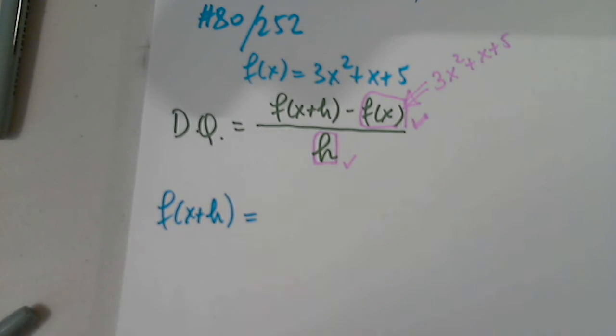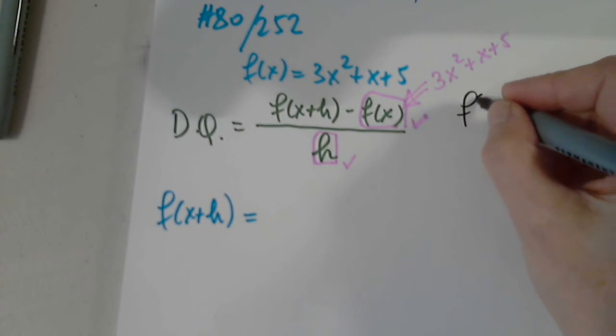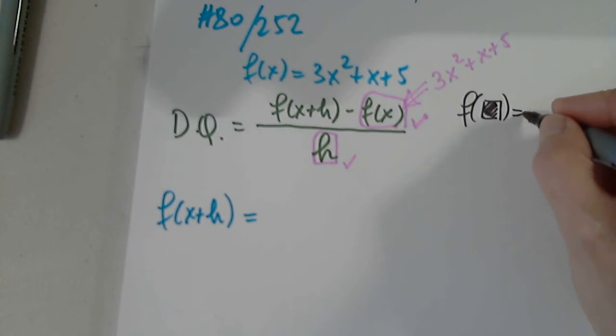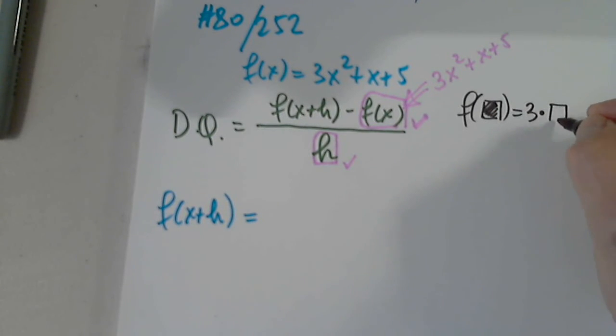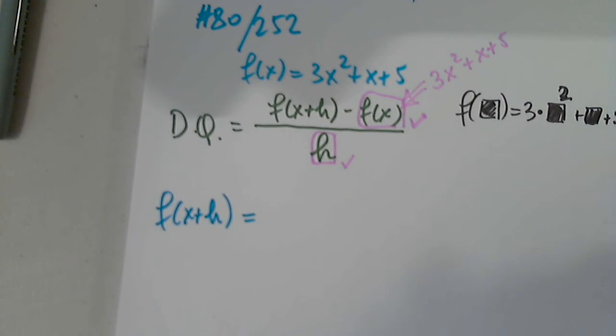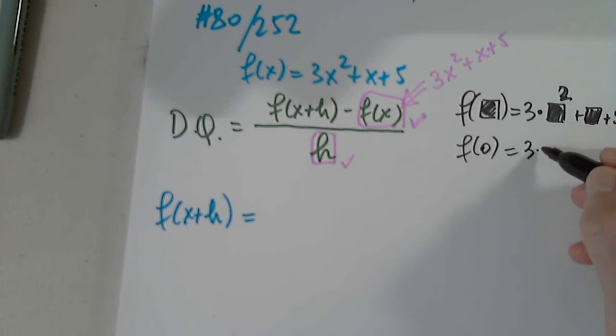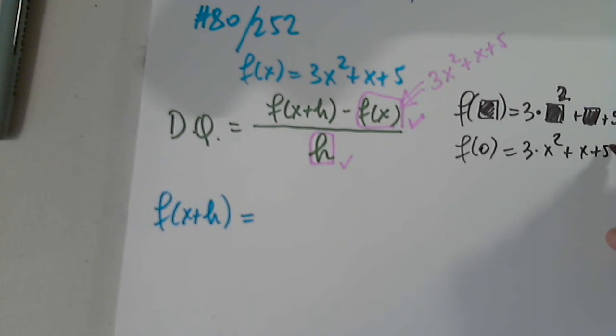Okay, so then we have to go back to the drawing board. So the function really tells us this. If I want to find f of 0, do I write 3 times x squared plus x plus 5 plus 0?